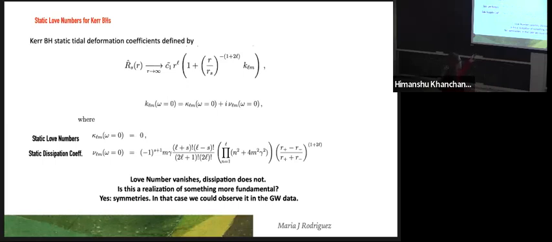The part on this dissipation is not very clear in how it would show up in that respect. But it would be a dissipation in the sense that if you have your black hole in a static gravitational background, it will deform, but the deformation will not persist, and it will try to dissipate away in that sense.